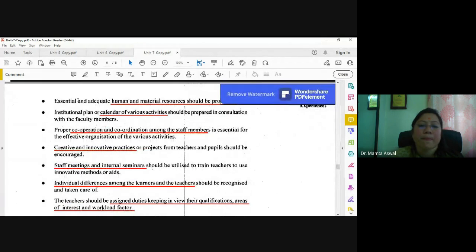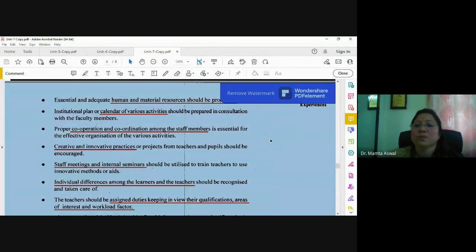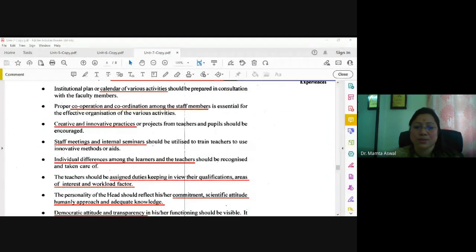So you can see he has to arrange for the resources. Suppose in your school a mathematics teacher has left the school. Now when the mathematics teacher or the science teacher or English teacher or Arabic language teacher has left the school, what will happen?